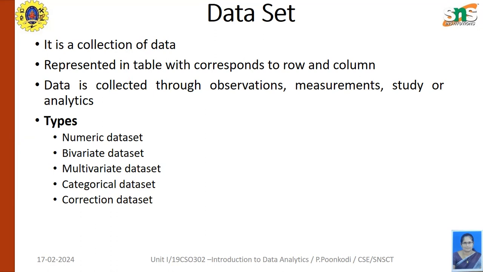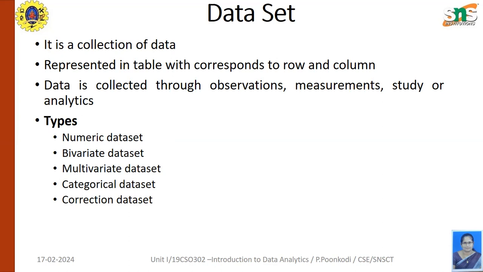Then the next one is the types of data set. The types of data sets are numeric data set, bivariate data set, multivariate data set, categorical data set, and correlation data set. The numerical data set contains only numerical values from 0 to 9, totally 10 values it may contain.